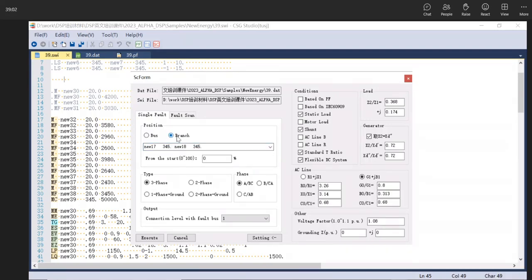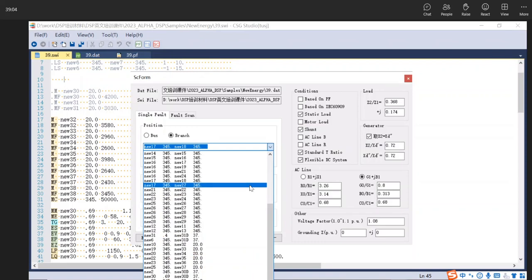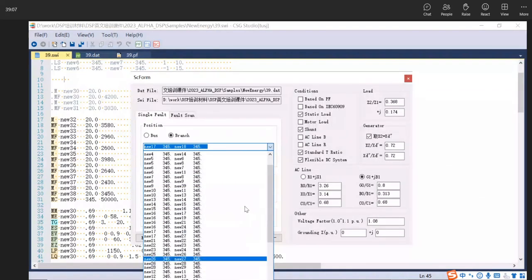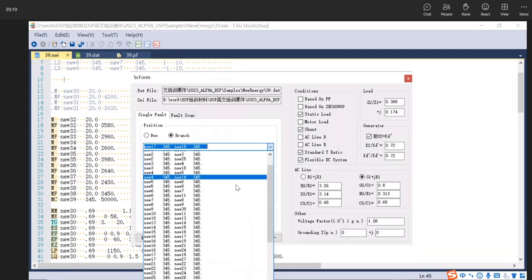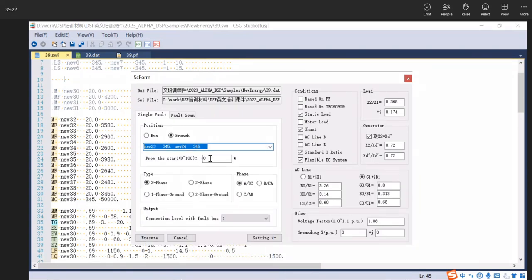For the branch, it will list all the branches. Branches include all the T and L card, means all the line and the transformer branches. And you can set the fault location.